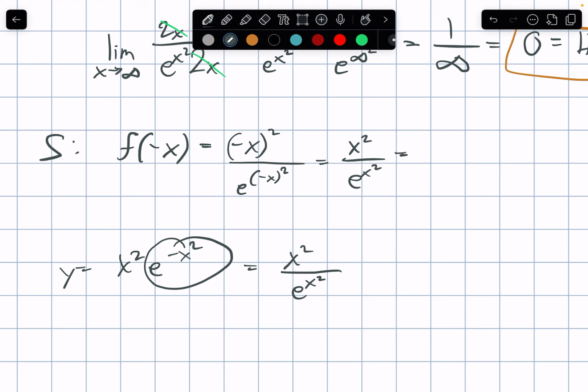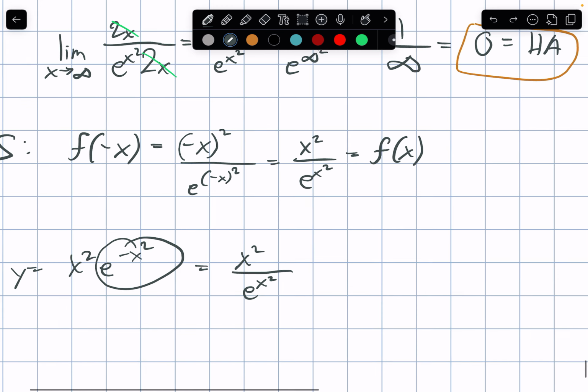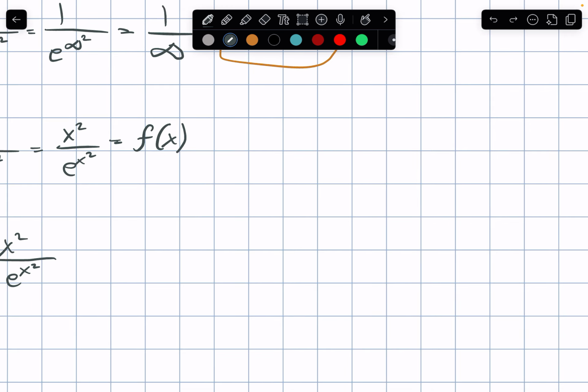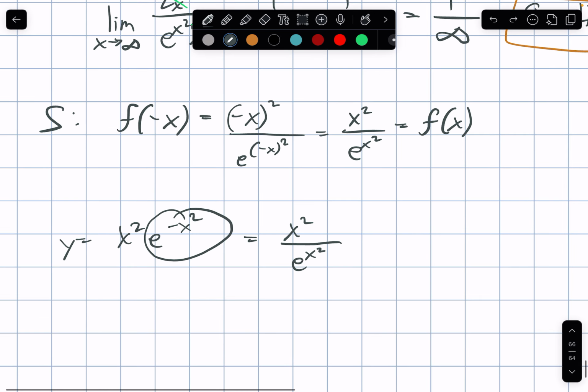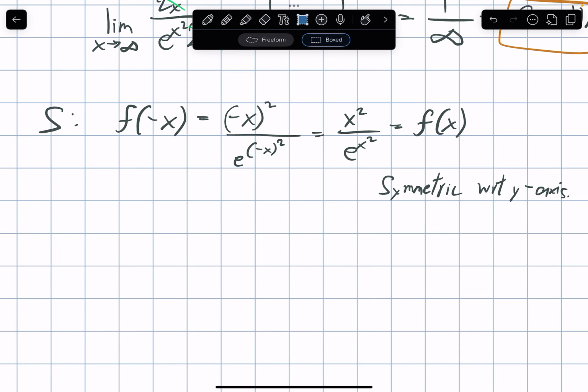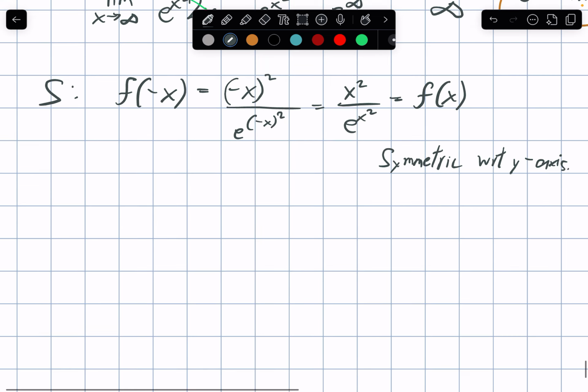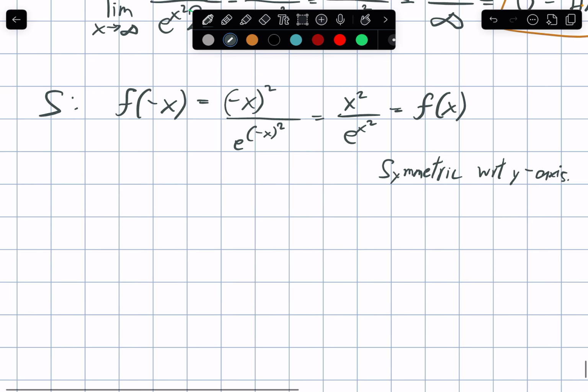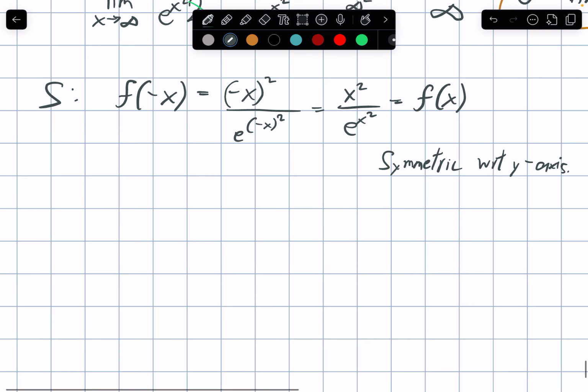Okay, so clearly it is still equal to f of x. So we just confirm that our function is symmetric with respect to what? With respect to the y-axis. That is it. I think you don't have to look for symmetry with respect to the origin anymore. It's either with respect to y-axis or the origin. Although that's just my hypothesis.